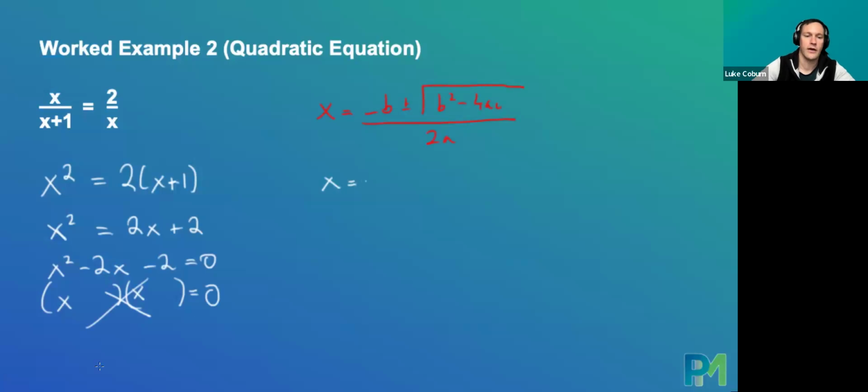So in our case here, we'll have a is equal to 1, b is equal to minus 2, and c is equal to minus 2. So we would sub those numbers in and we would keep working and we would not make any mistakes with minus signs and so on. And then we get to an answer at the end where we have x is equal to one thing and x is equal to a second thing.